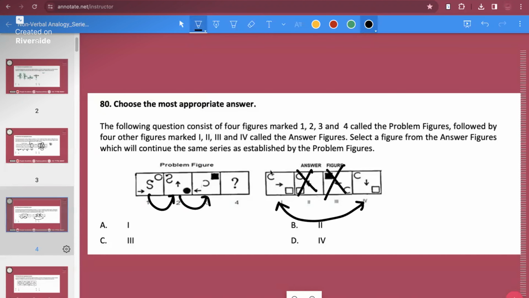In option 3 and 4, this element, this element, this element, this element are all at the same position. The only difference is made by this arrow. And as my dear friend mentioned, the arrow is changing its direction by 90 degrees anti-clockwise, and then this, and then this.